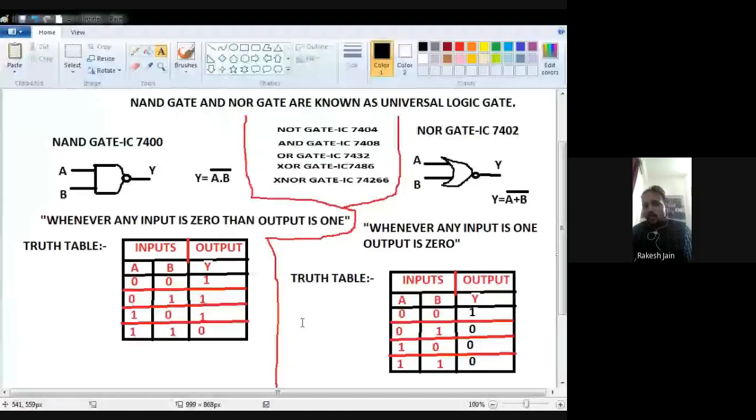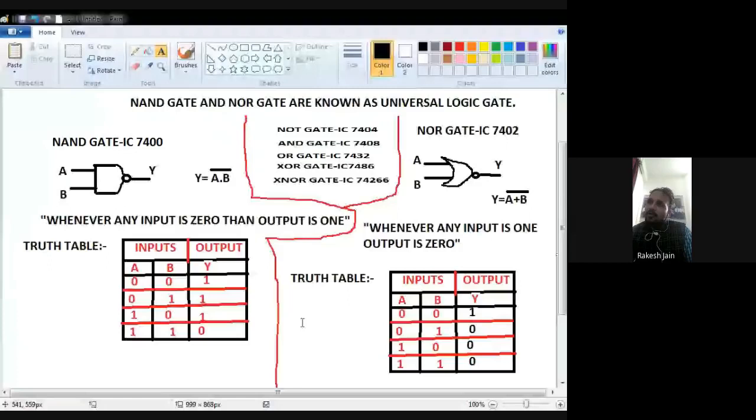Okay. So this is the basics of the NOR gate: what is the symbol of the NOR gate, what is the equation, what is the IC number, what is the definition, and what is the truth table. We will prove it in the laboratory also. During the afternoon session there will be a digital electronics lab.